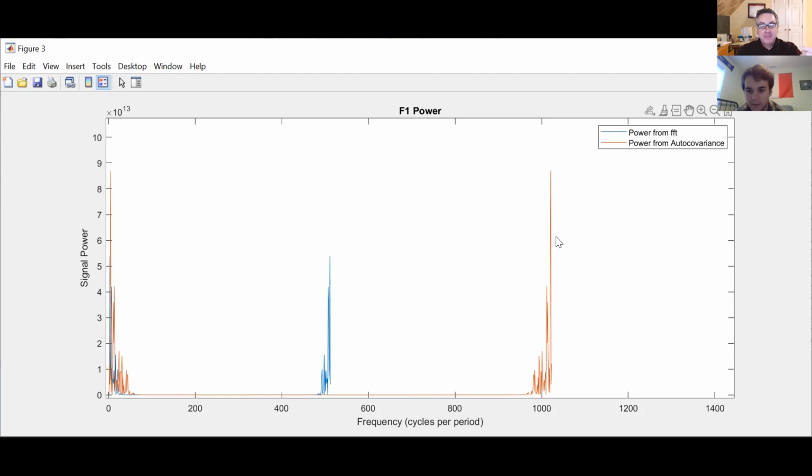Yeah. Okay. Now, the question then is, how do we relate the MATLAB index to actual frequency? Because what you want to be doing is comparing these both on the same scale of actual frequency rather than their MATLAB indices.